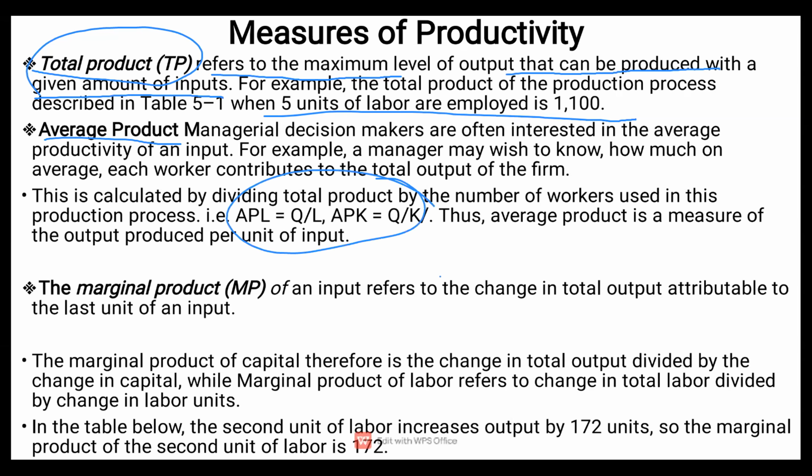It simply means that we want to examine the contribution of each unit of that input to the output. So for example, you produce 2,000 chairs using only 10 people. So it means that when you divide this by 10, what?